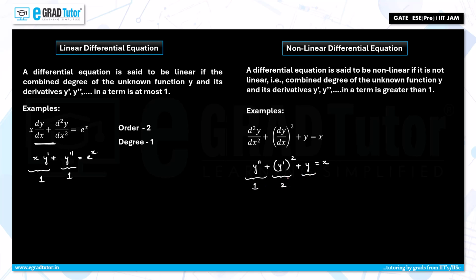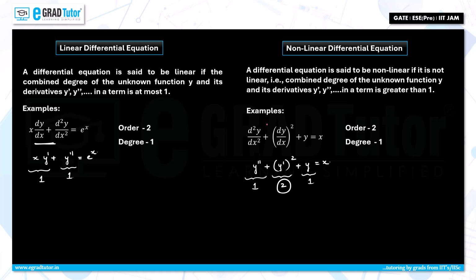So you have the degree 2 in this particular term in the differential equation. So you call this nonlinear differential equation, right? So what is the order here? Highest order derivative is d square y by dx square. It's of second order and the degree is 1. Power of the highest order derivative.